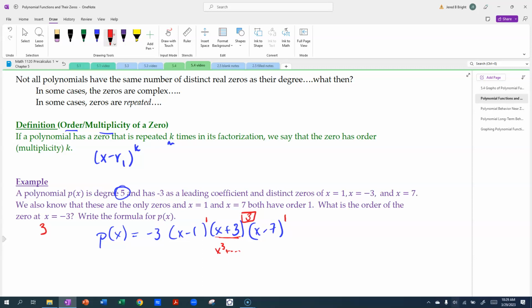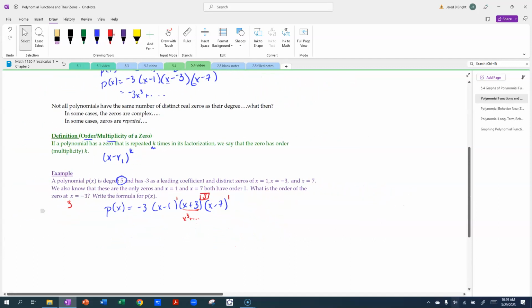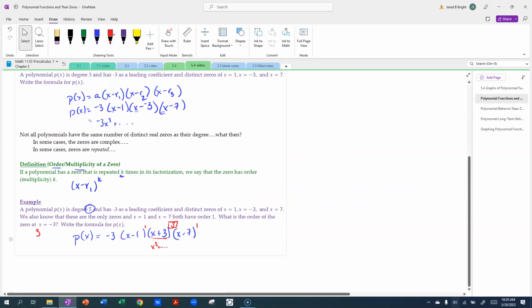Okay, so multiplicity is going to come into play in our study of polynomial functions graphically in a very particular way. We'll see more about that in a little bit, but at least right now we need to be aware that when we're factoring polynomials, yep, we can write it as a product of its factors, or a product of its zeros, where the zeros end up being a factor where it's x minus the zero.